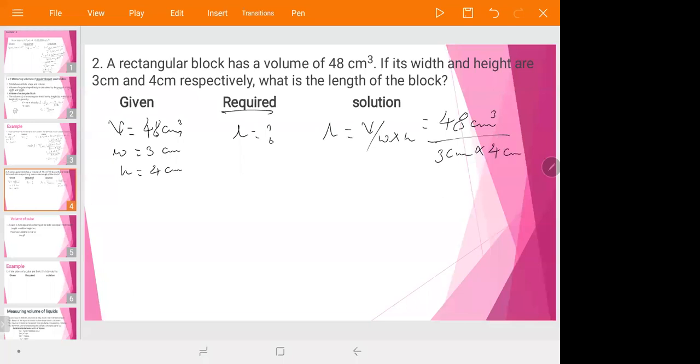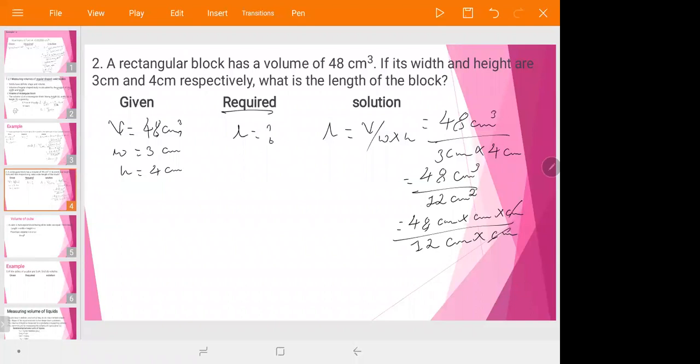So 48 centimeter cube divided by 12 centimeter square. That means, when we expand this, 48 centimeter times centimeter times centimeter divided by 12 centimeter times centimeter.